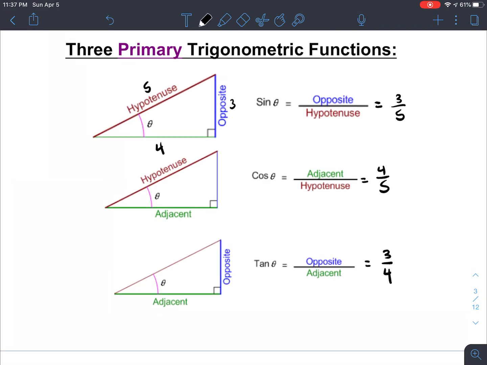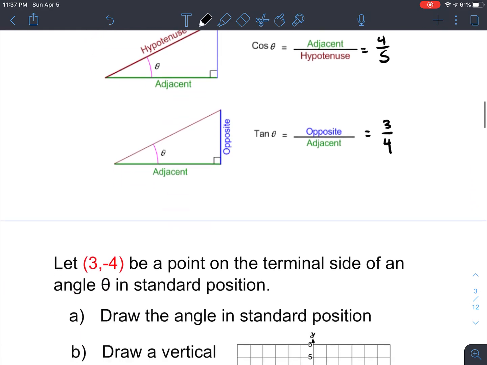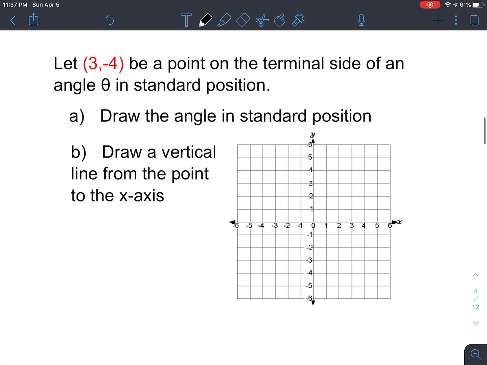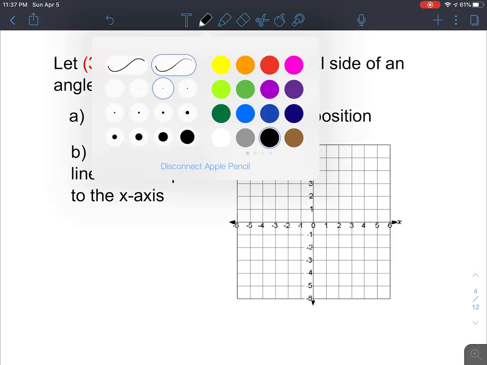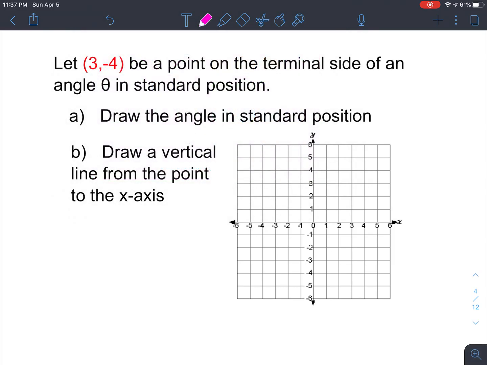Okay, so now how does that relate to what we did in the last video? Well, let's start off by reviewing that a little bit. Let 3, -4 be a point on the terminal side of an angle in standard position. If we remember, standard position means that the initial side is in line with my positive x-axis, my vertex is at my origin, and my terminal side is the side that swings out.